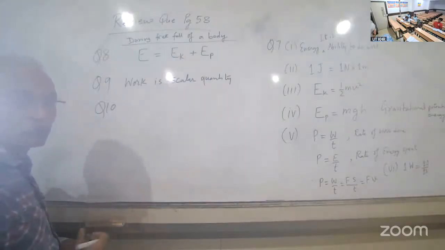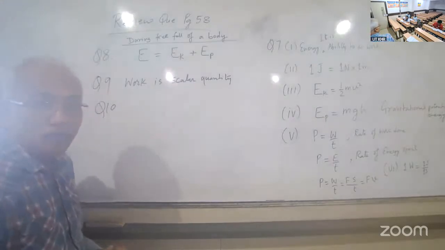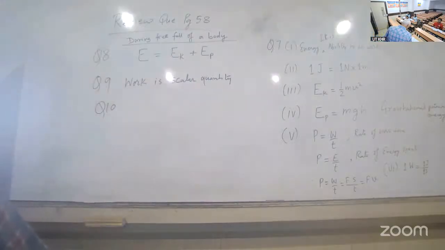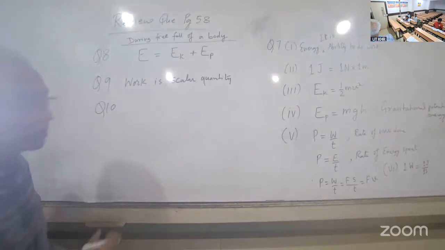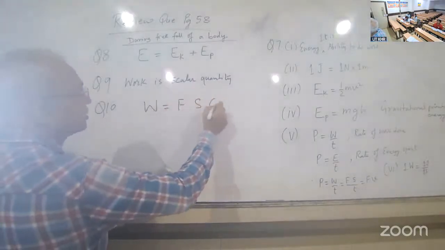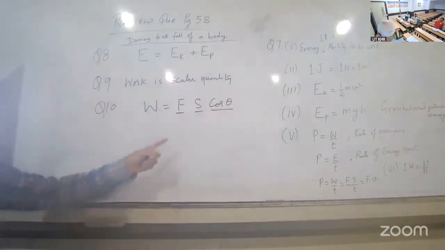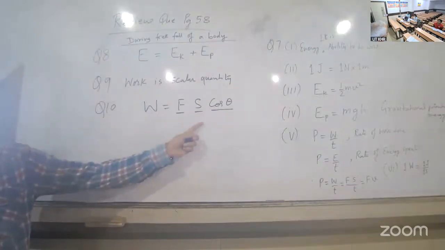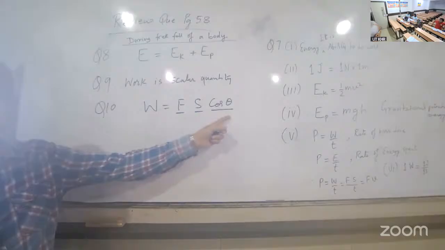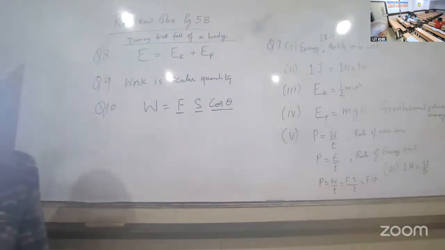What is the formula for work? What factors does work depend on? Force, displacement, and cos theta. So it depends on 3 things: force, displacement, and the cosine of the angle between force and displacement.